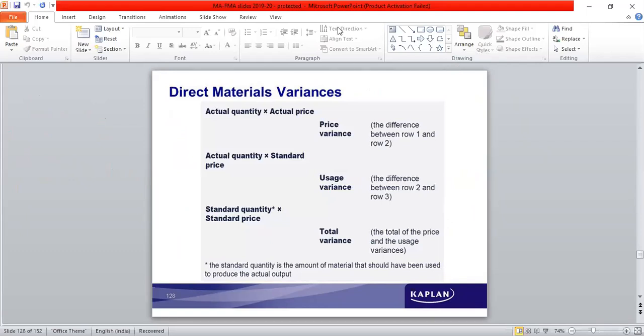I'll give you a little easier way to remember. So I'll just put you through. The first one for material, we first find out the cost variance. Material cost variance is standard cost of material minus actual cost of material.